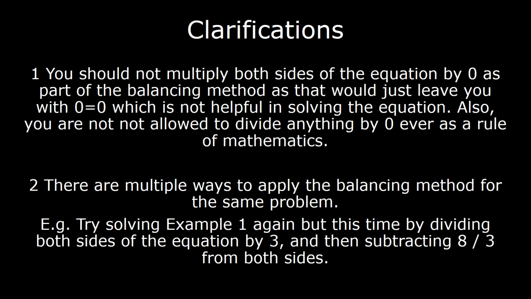For multiplication, because if you multiplied both sides of the equation with 0, anything multiplied by 0 gives you 0. So you would end up with the LHS becoming 0, the RHS becoming 0, and thus 0 equals to 0, which is technically correct, but meaningless and unhelpful, I guess. So don't multiply by 0.